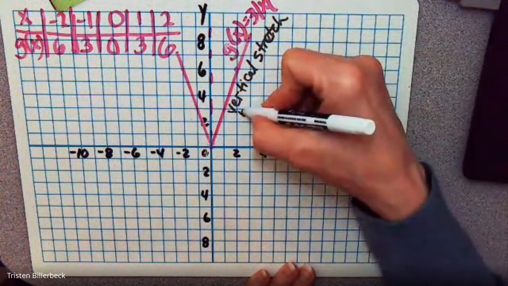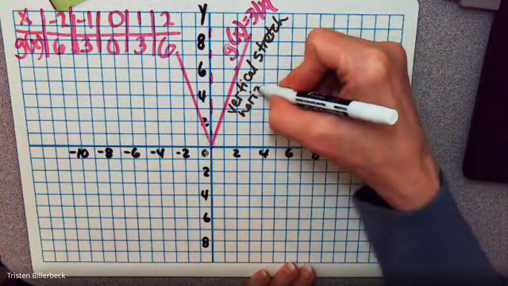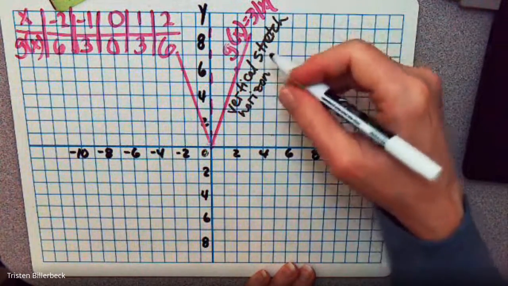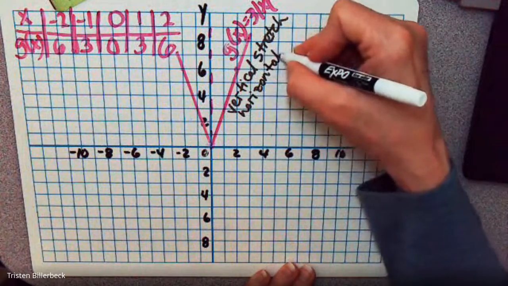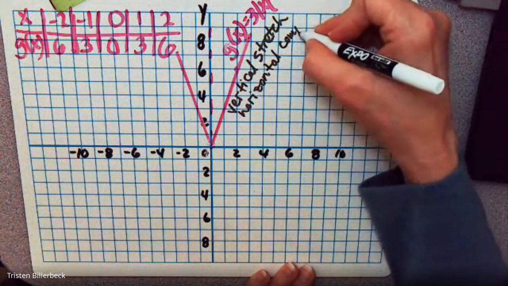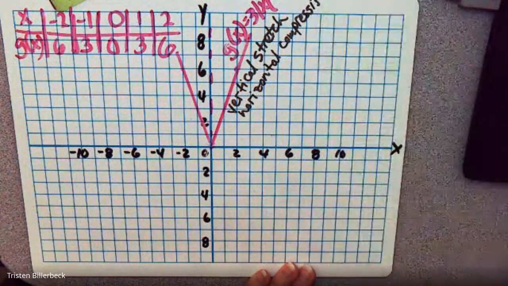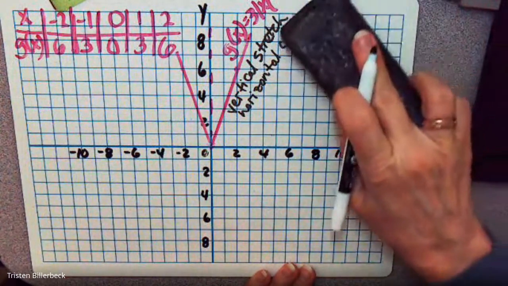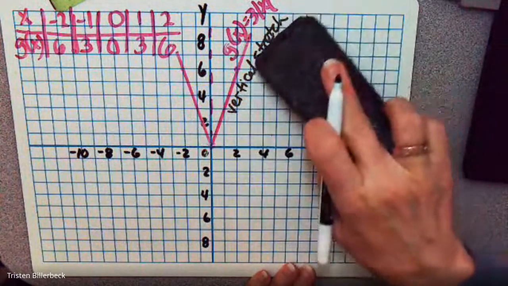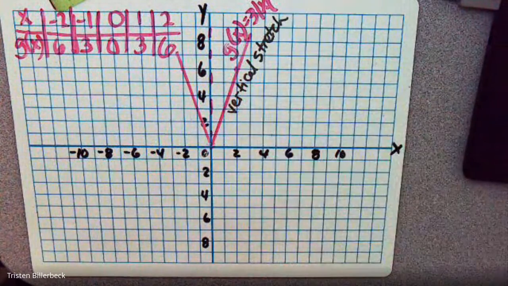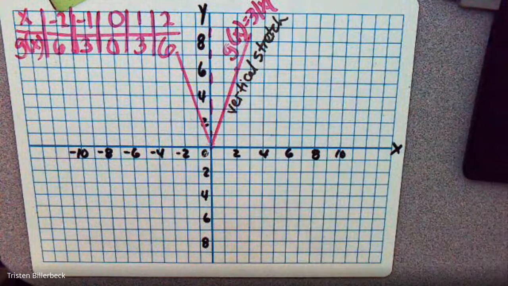Otherwise known as a horizontal compression with these things. But let's leave that one off for now. Let's just call it vertical stretch so you can get an idea of what it should be.